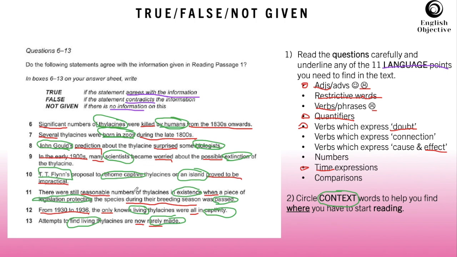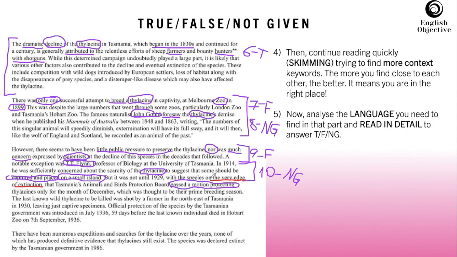Reasonable numbers of thylacines. So that means a lot of numbers. Yeah, it is looking for quantities. And what it says in the text is that they were very few.